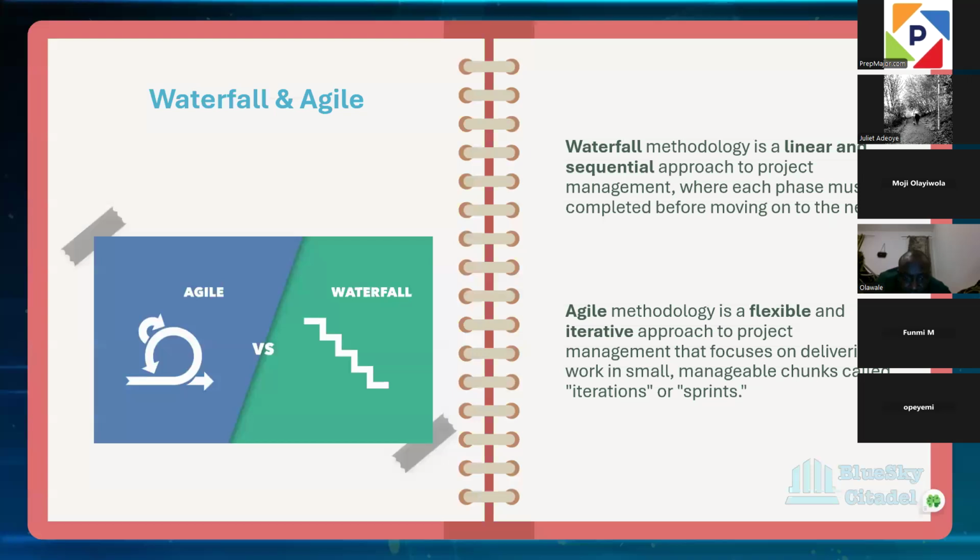Once you've moved from one, you don't go back to it, or minimal changes really. You just move from one, you complete that before you go into another one. And this approach is best suited for projects with clear and well-defined requirements from the onset. And it's called linear and sequential; you can see that has been highlighted there for a purpose.